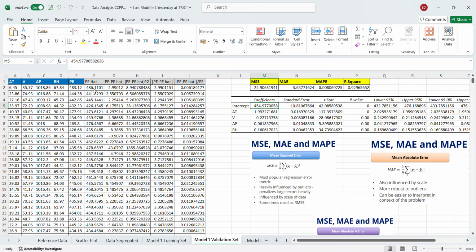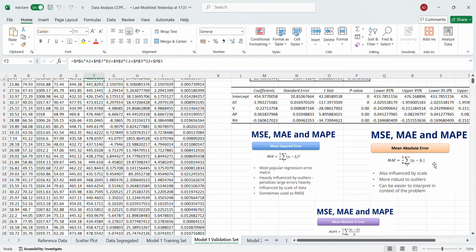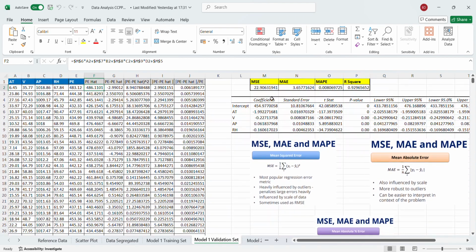Then we came up with the P hat, that is the energy output hat, and we calculated the errors as well: mean squared error, mean absolute error, and mean absolute percentage error. Those are coming out to be 22.9, 3.65, and 0.08, and R square we took from the regression model.